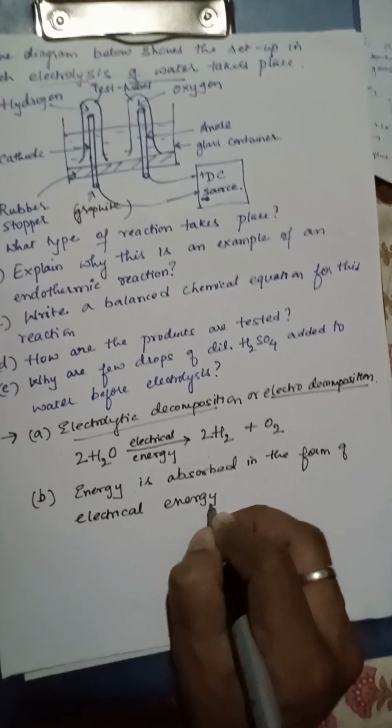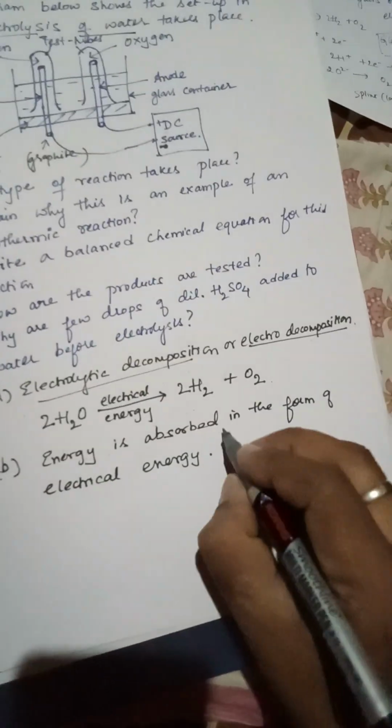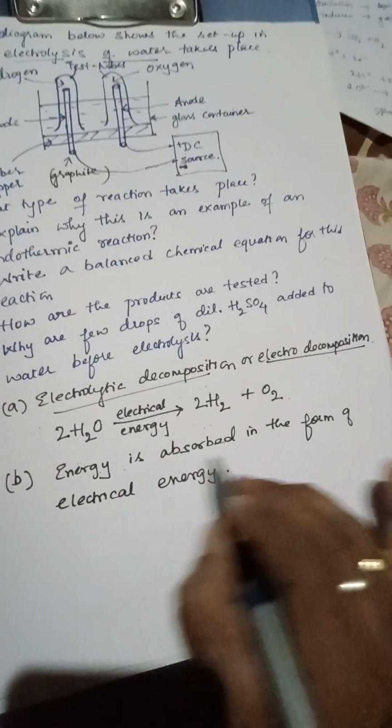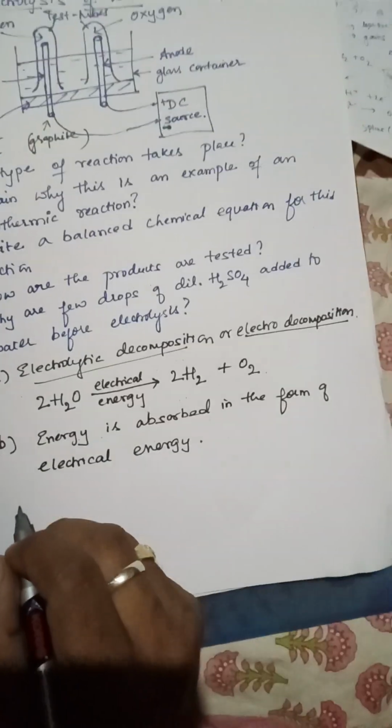Therefore, the reaction can be called endothermic reaction. Any reaction in which energy is absorbed is called endothermic reaction. Here the energy is absorbed in the form of electrical energy.